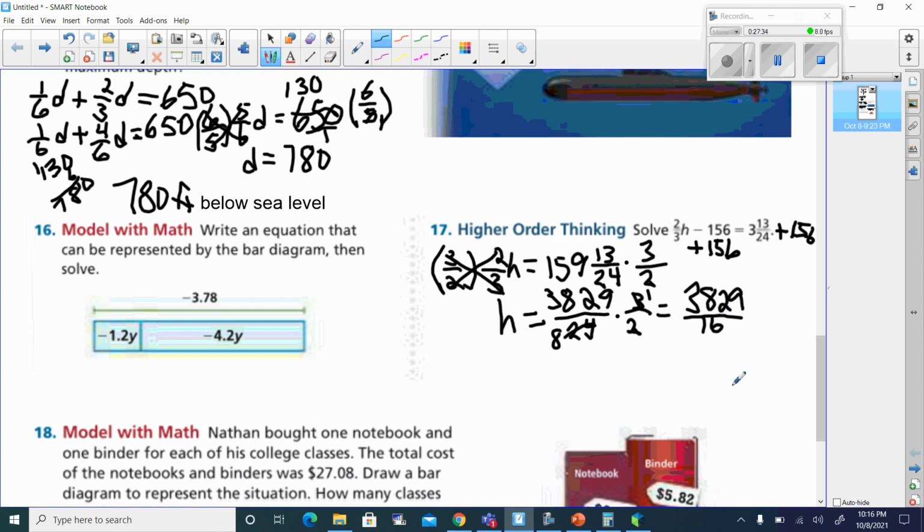I'm going to try to work it out over here. 3,829 divided by 16. Okay, I know 16 goes into 38 twice, because 16 times 2 is 32.